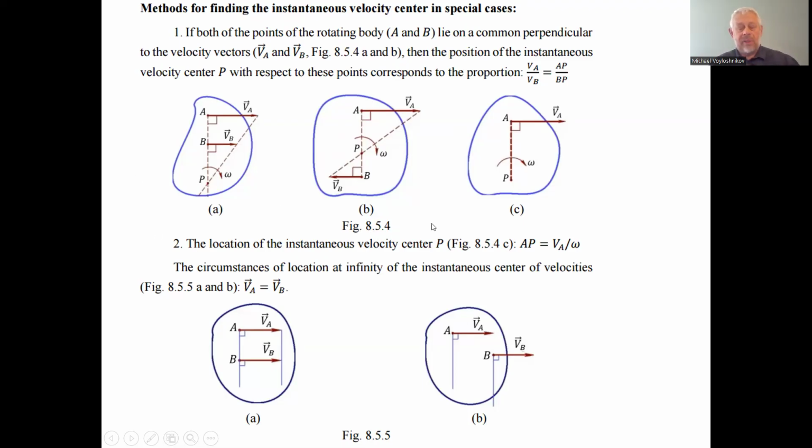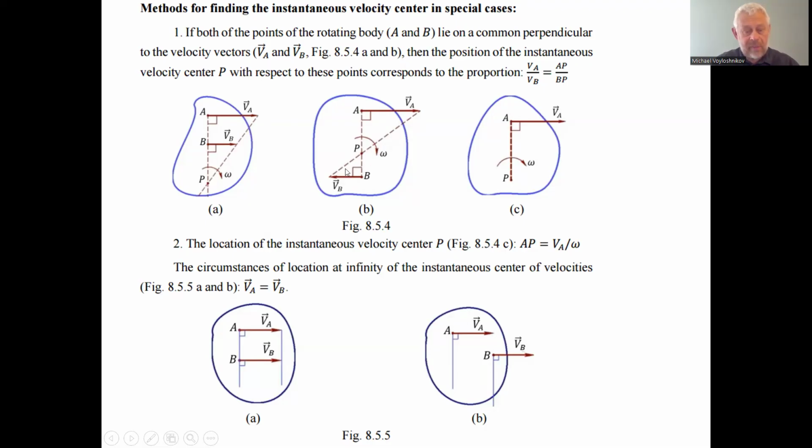Then the position of the instantaneous velocity center with respect to these points corresponds to a proportion. The points are on the same perpendicular, and the velocities are perpendicular to the line ABP. And the distances AP and BP are in the proportion of the velocities VA and VB.